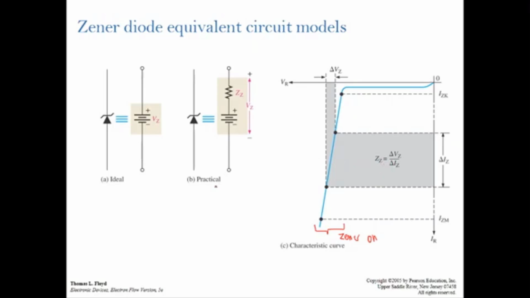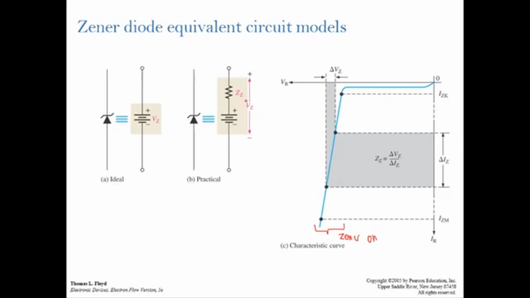So in the practical model, we need to consider Vz. The actual Vz across the Zener diode is not a fixed value. There will be a small fluctuation of the total Vz.